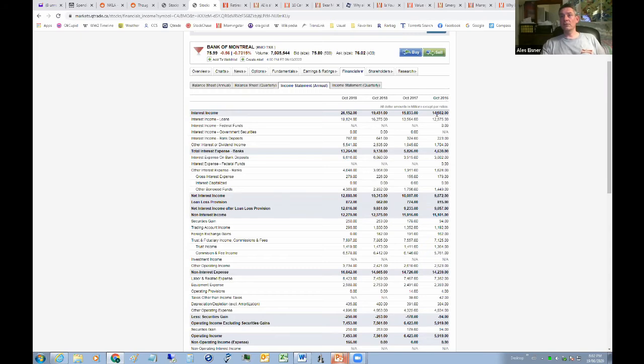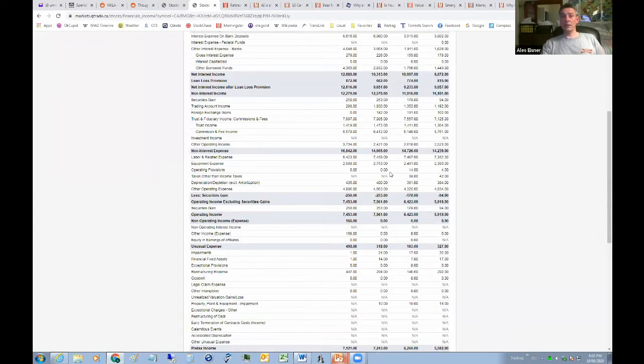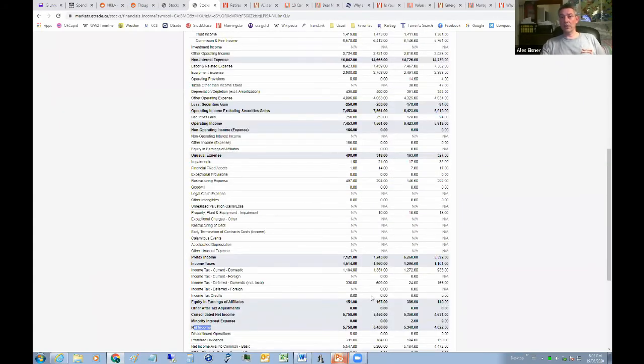So 2016, 14 million, 2017, 15.8, 19.4, 26. So definitely increasing for interest income. I would say it's increasing quite nicely for such a big institution, actually. And let's see what happens down here. So for net income, 4.6, 5.3, 5.4, 5.7. So the bottom line is also growing.